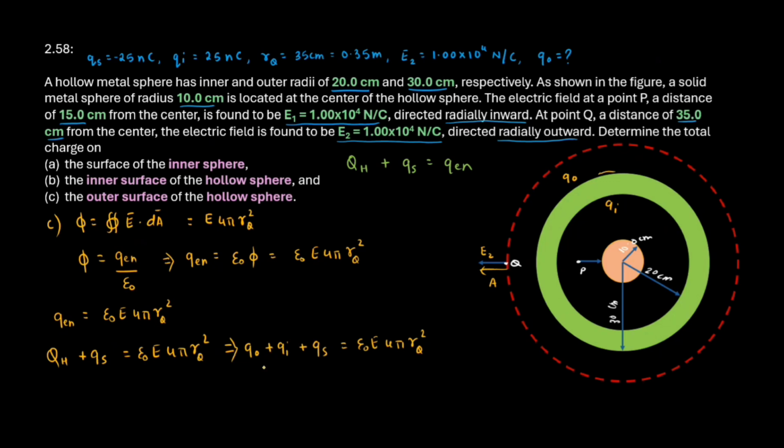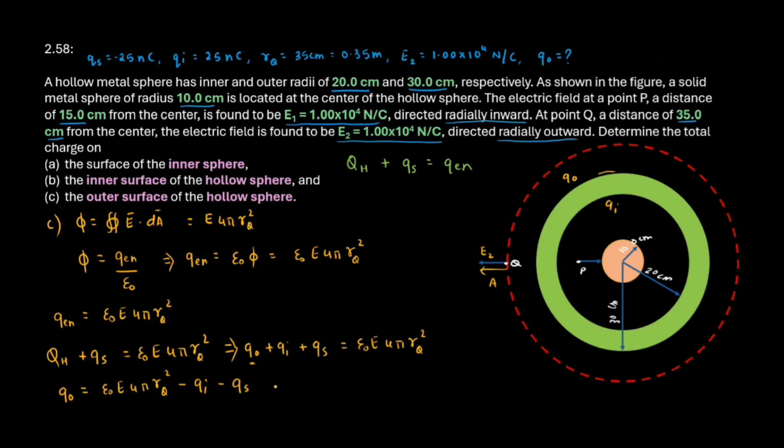We need to find what is charge on the outer surface. So let's move everything to the other side to solve for it. We get charge on the outer surface to be equal to epsilon naught E 4 pi RQ squared minus charge on the inner surface minus charge on the surface of the sphere.